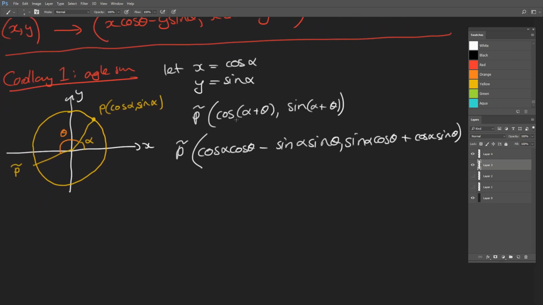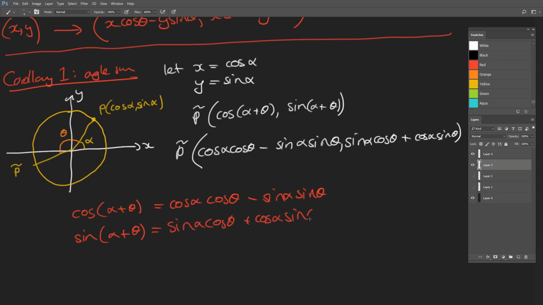But hang on, these are the same point, so their coordinates must be the same. So clearly, we have cos of alpha plus theta equals cos alpha cos theta minus sine alpha sine theta. And we have the sine of alpha plus theta is sine alpha cos theta plus cos alpha sine theta. So there we go. That's a proof of the angle sum formulas using all this unit circle stuff.